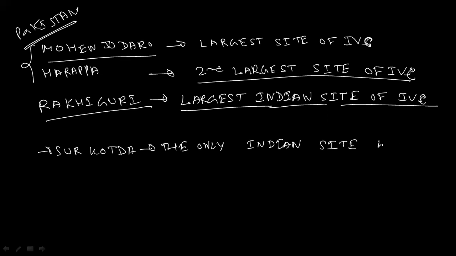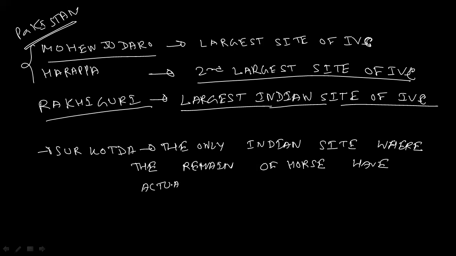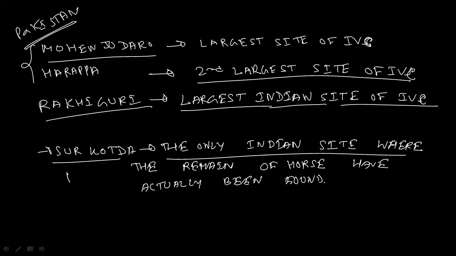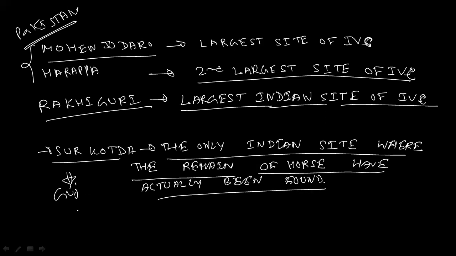It is in Gujarat. Surkotada was the only Indian site where the remains of horse have actually been found, and it is in Gujarat.